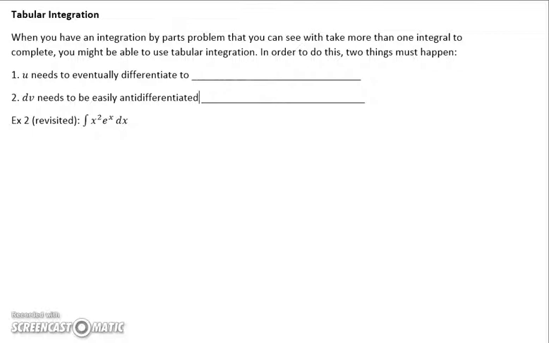In order for tabular integration to work, two conditions need to be met. The first condition is that u eventually needs to differentiate to 0. The second is that our dv needs to be easily anti-differentiated many times. If those two things happen, we can use tabular integration.